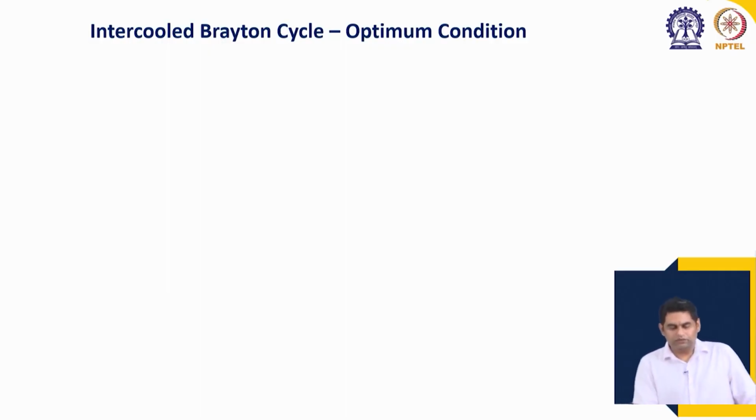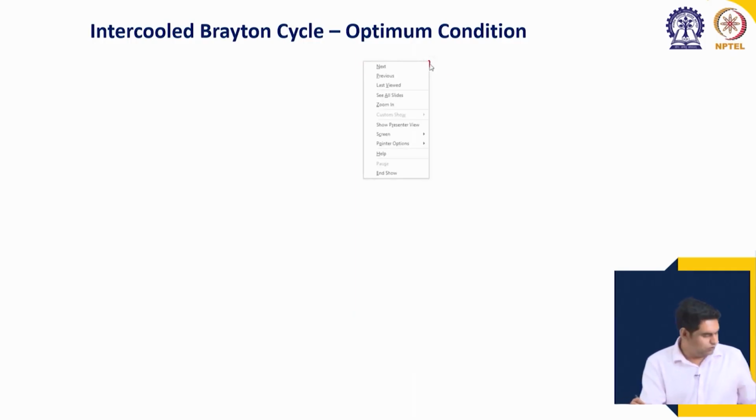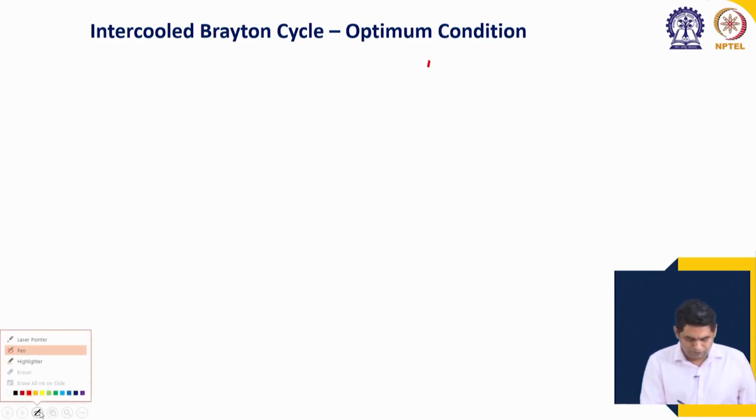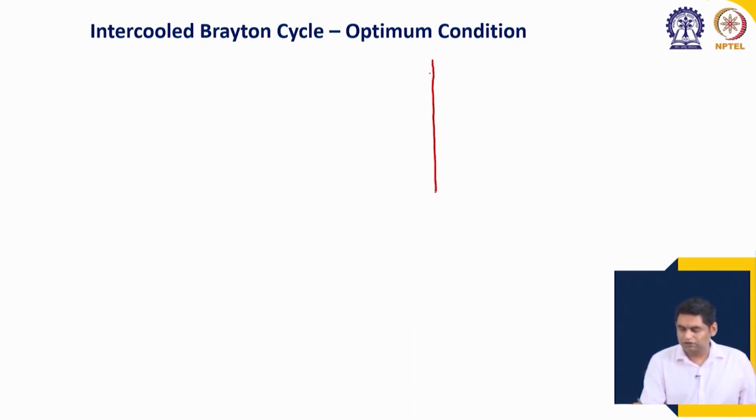So, let us quickly revisit what we mean by an intercooled cycle. I will draw the TS diagram on the right hand side. You can refer to the previous class notes also.